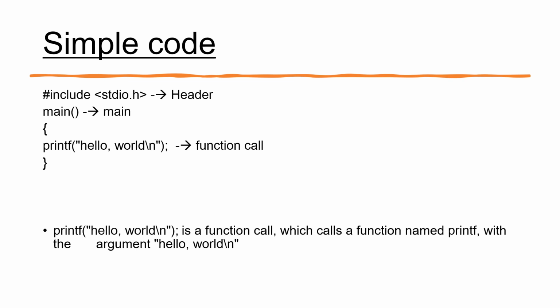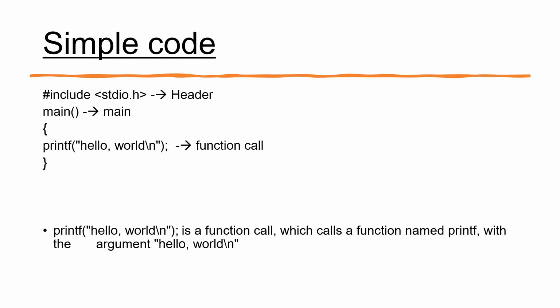Now here is a simple code for printing hello world. Let's break it down. In the beginning we can see #include <stdio.h>. This line is called a header. Every code has a header in the beginning.